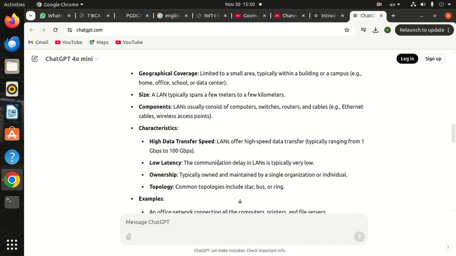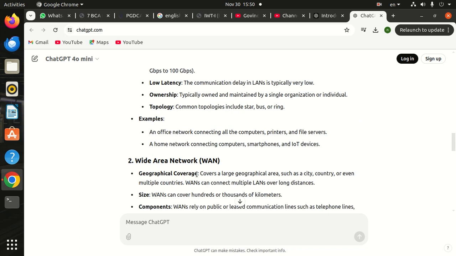Characteristics: high data transfer speed, low latency, so the communication delay in a LAN is typically very low. Ownership: typically owned and maintained by a single organization. Topology includes star, bus or ring, right? For example, an office network connecting all the computers, printers and file server. Second, a home network connecting computers, smartphones and IoT devices.